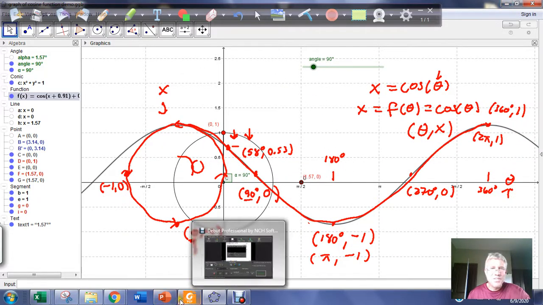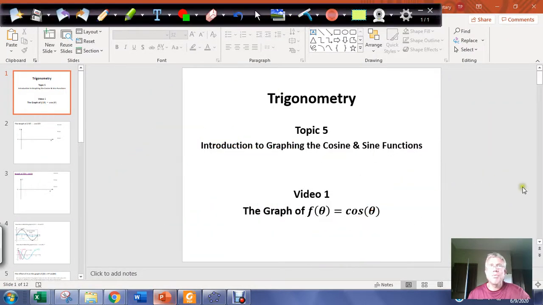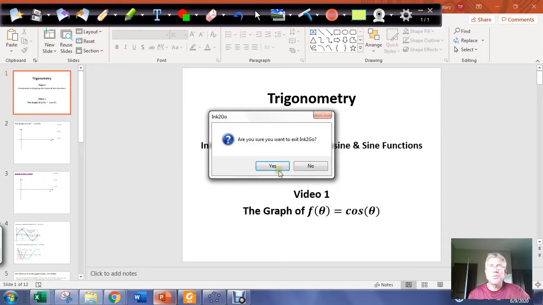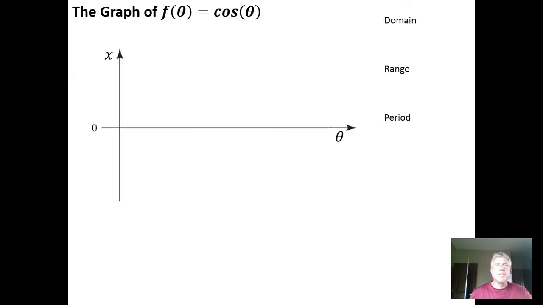Let's go off into PowerPoint and kind of summarize what we just did. So I'm going to wipe that screen clean, close the pen, and open this up. So here's the idea. If you're going to graph the cosine function, so we'll take it out of GeoGebra, the graph of the cosine function comes from rotating around the unit circle.